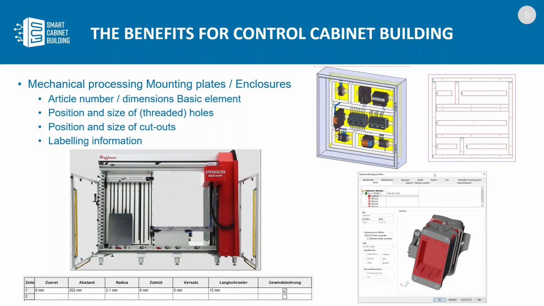Often the first automation in the cabinet building is the mechanical processing, for example, with such an enclosure and mounting plate processing machine.